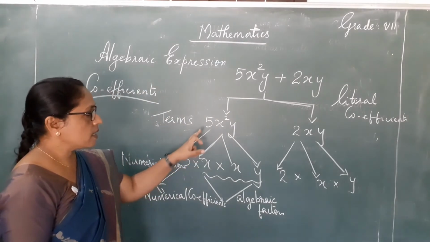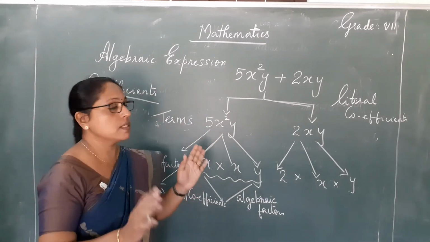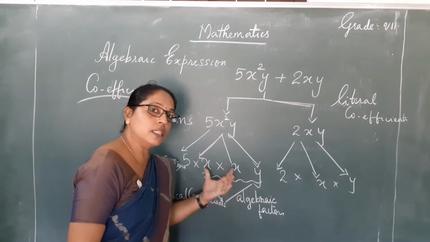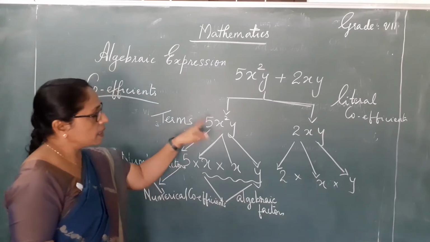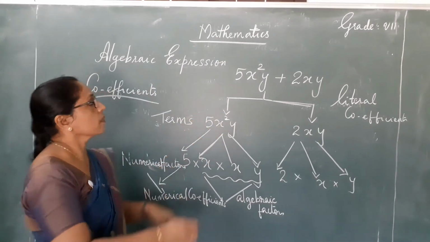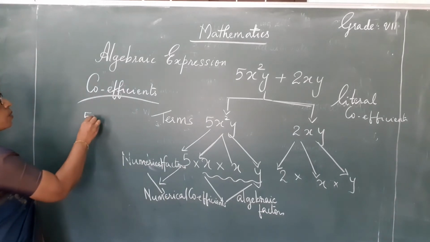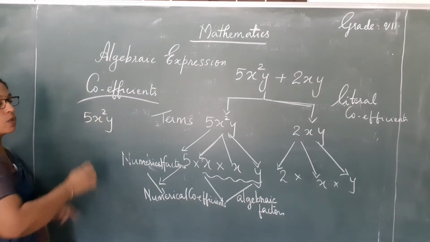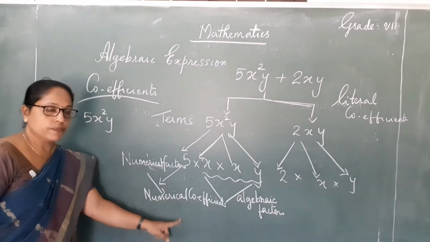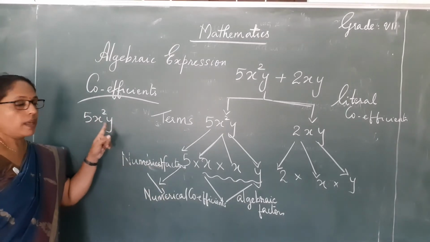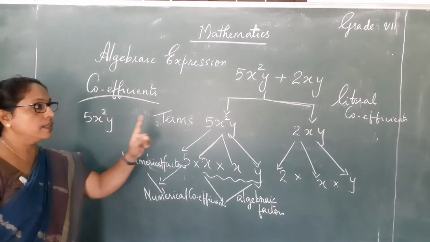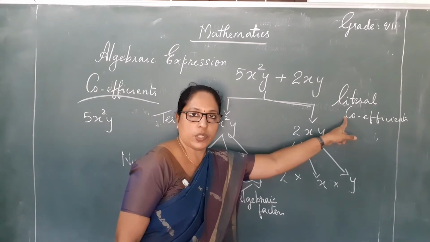So in general we can say coefficients are the factors present in a term. For example, let's see the first term, 5x square y. 5 is called the numerical coefficient. x square and y, the variables, are called the literal coefficients.